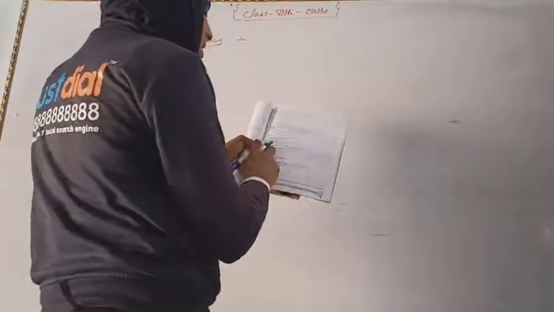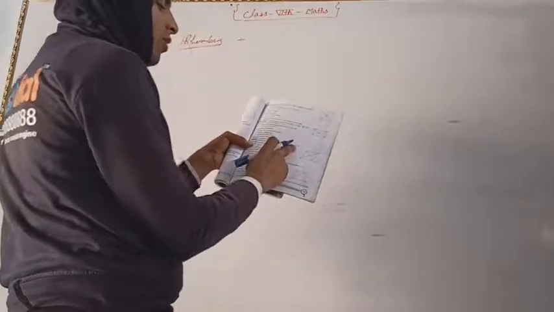in rhombus, some types of figure you have given that a quadrilateral in which all sides are equal is called rhombus.